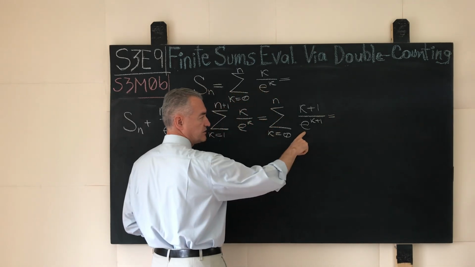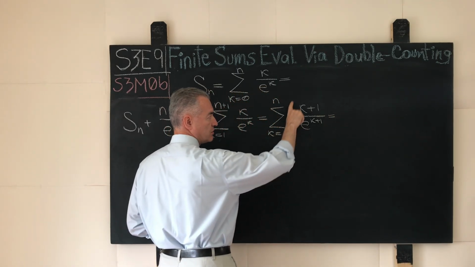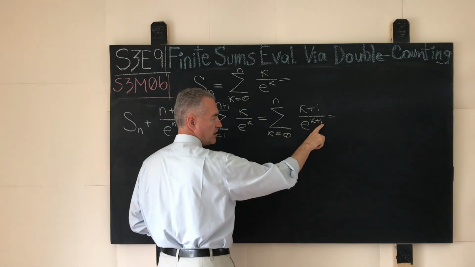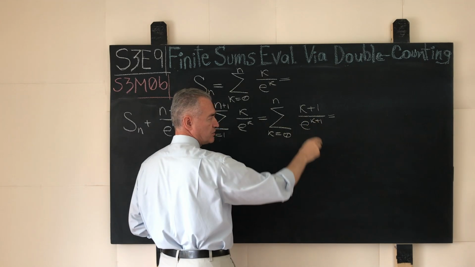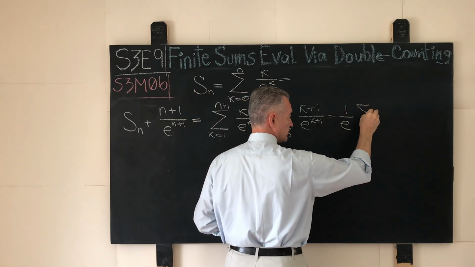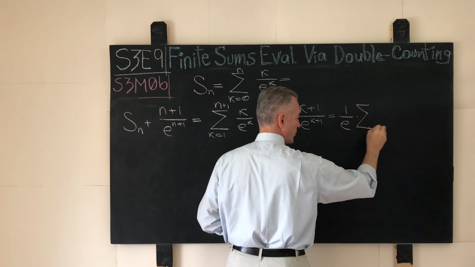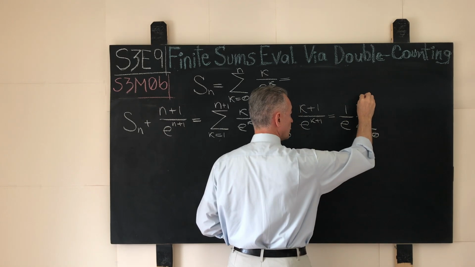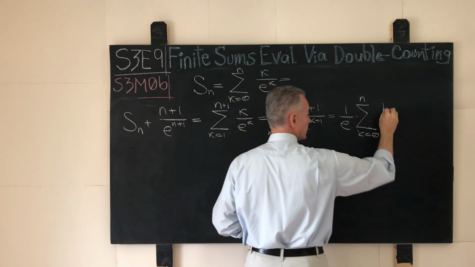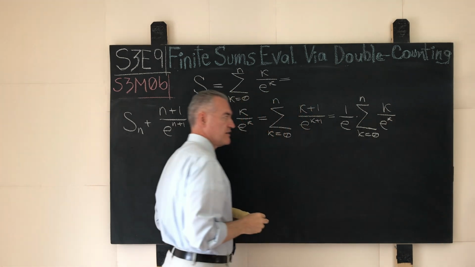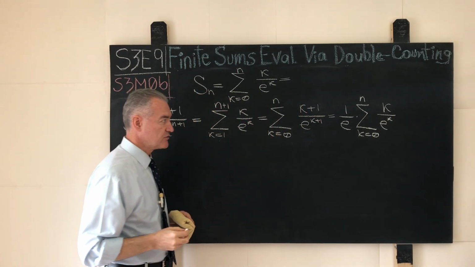Well, we basically divide our numerator by the denominator here, and one copy of e we can factor out right away: 1 over e times the sum where k varies from 0 to n of k over e to the power of k. That maneuver is more than straightforward.